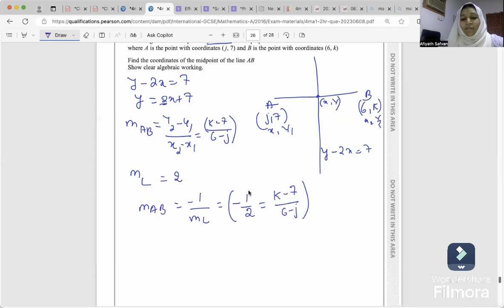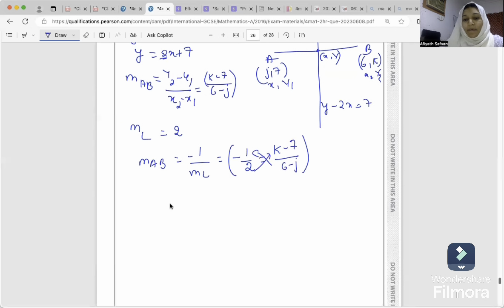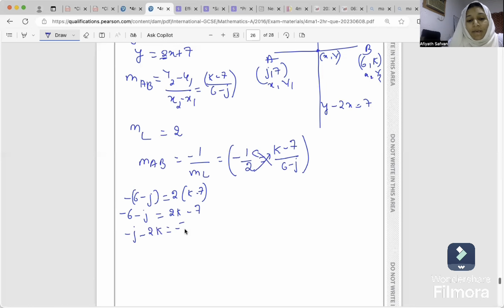Cross multiply: minus (6 minus j) is equal to 2 times (k minus 7). If I open the brackets, minus 6 plus j is 2k minus 14, and joining terms, minus j minus 2k is going to be minus 7 plus 6, which is minus 1. Keep it aside as equation number 1.